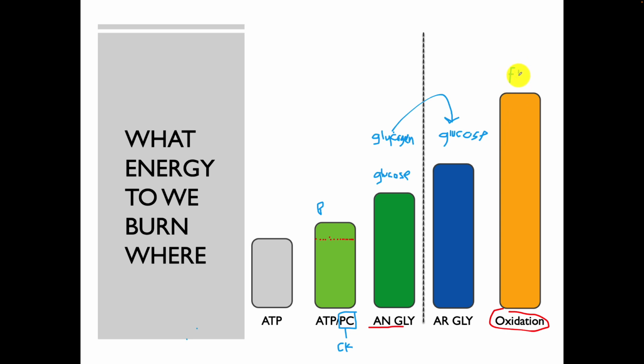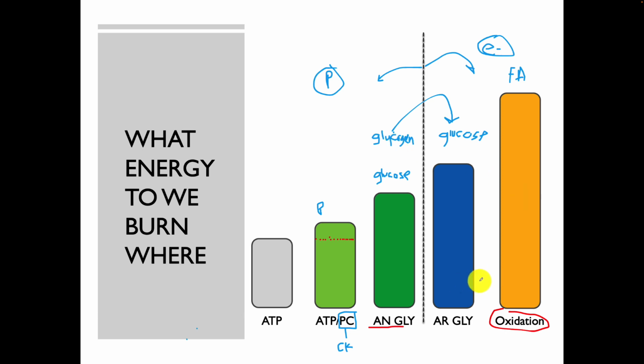This is coming from the fat that is being shuttled out from our adipose tissue or from fat that's being stored in the skeletal muscle. So we have these different energy pathways, and we know that there's a threshold between anaerobic and aerobic. Aerobic is generally dealing with electron passing, and anaerobic is mostly phosphates. This will all make more sense as we move on. I just wanted to introduce that to you.